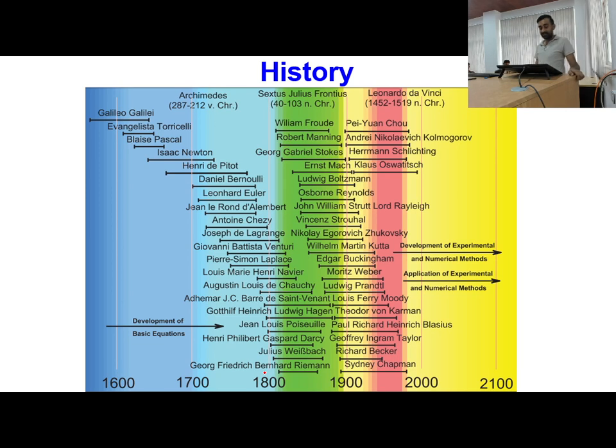Okay, so in this, if you see, the very first name is Archimedes. All of you know about the Archimedes principle. Archimedes was considered the first one who actually applied the fundamentals of fluid mechanics at that time to solve a problem.